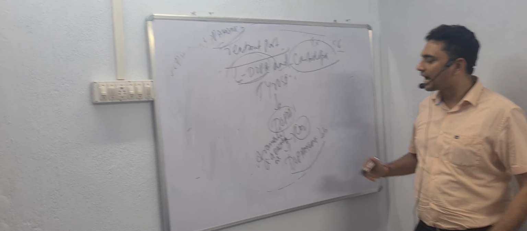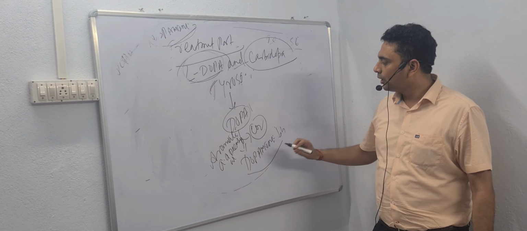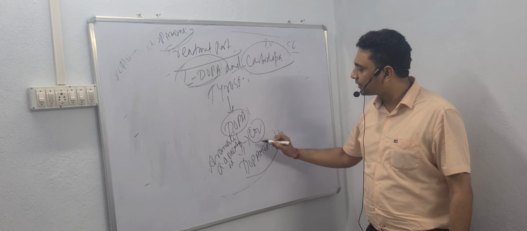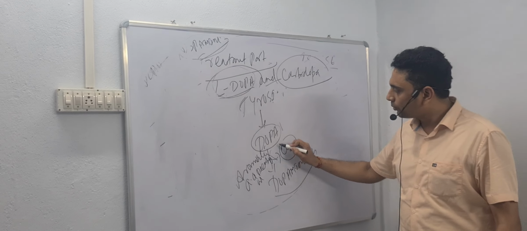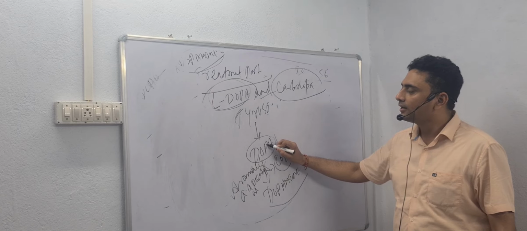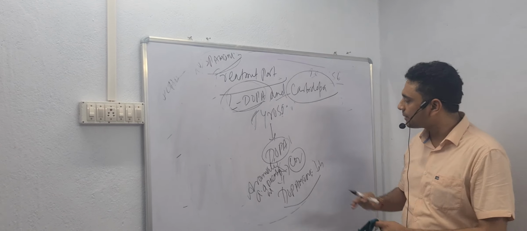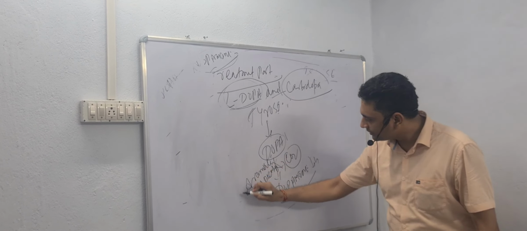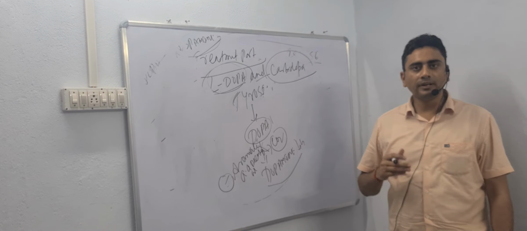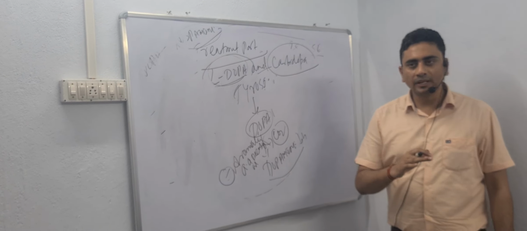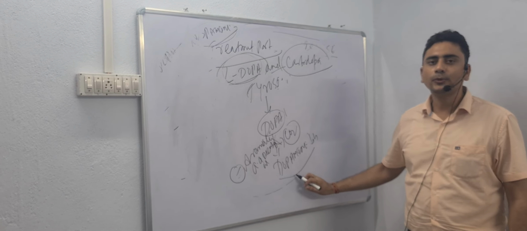What is the function of carbidopa? Carbidopa is an analog of L-dopa. It prevents peripheral conversion of dopa into dopamine. It won't allow dopamine formation from dopa unless it reaches the brain. Carbidopa is an inhibitor of the enzyme aromatic amino acid decarboxylase. So inside peripheral tissues, before it reaches the brain, carbidopa ensures that dopa is not converted into dopamine.